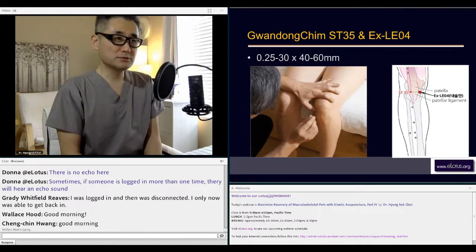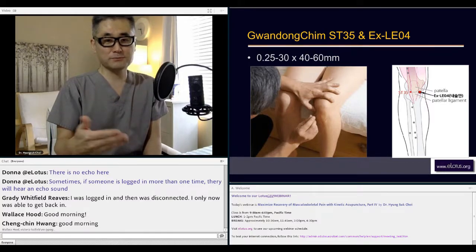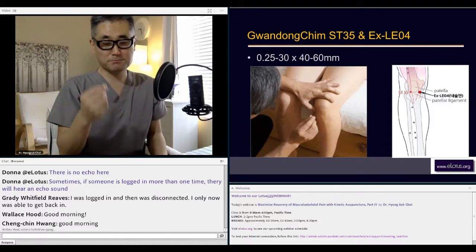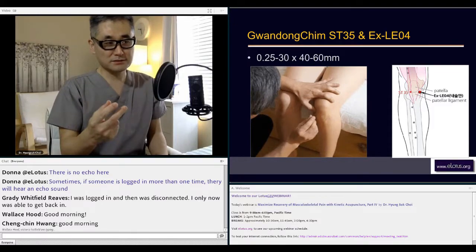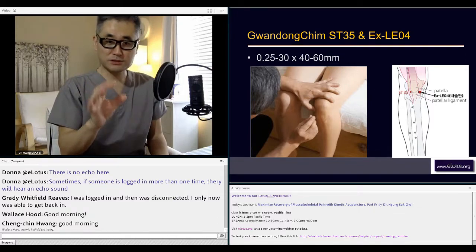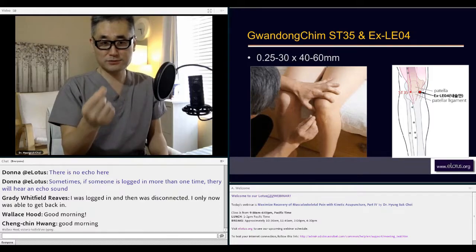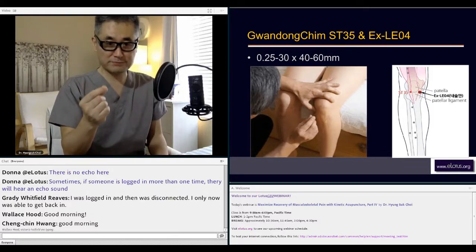The basic rules of needle selection in kinetic acupuncture: the first is based on patient body build. If the patient is big, you'd better use a thicker needle. And second, for muscle acupuncture, 근동침, a relatively thicker needle to get the right T response.